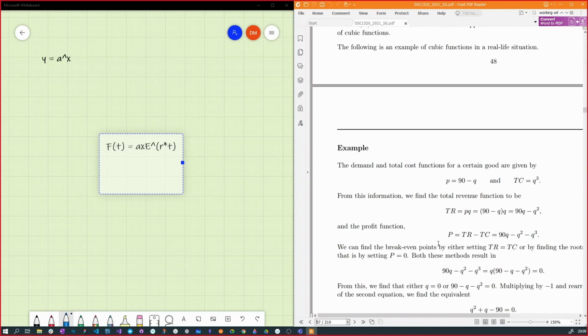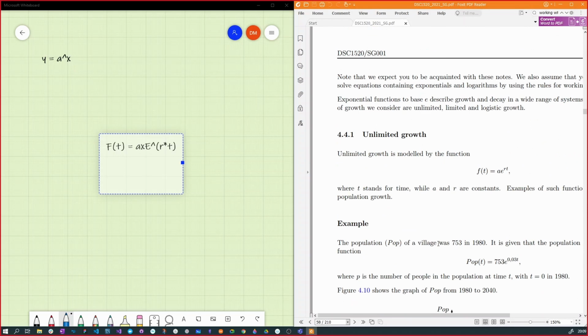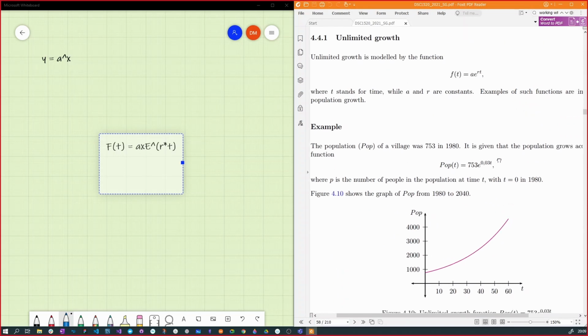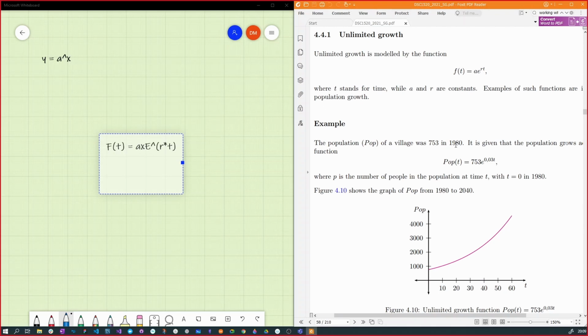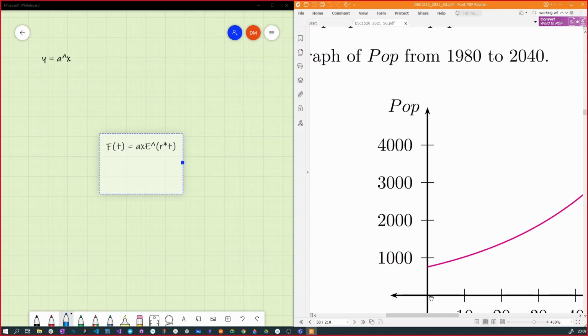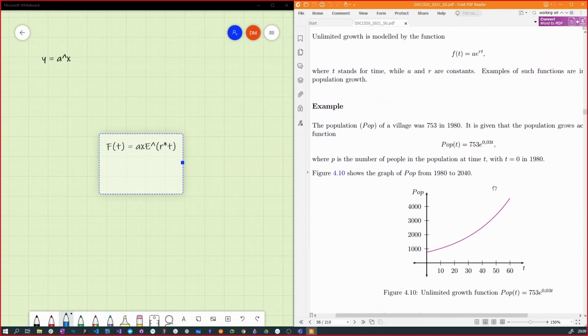So in the example that they give here, they say the following, right? In 1980, a specific village had a population of 753, and then now we have a point 753 over here. So at the beginning of time, or t equals 0, which is when we started tracking the population growth, we had a population of 753.